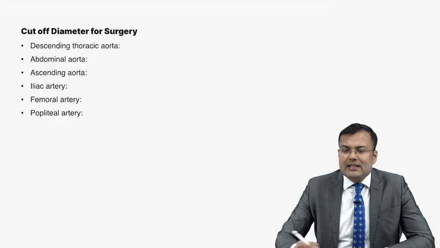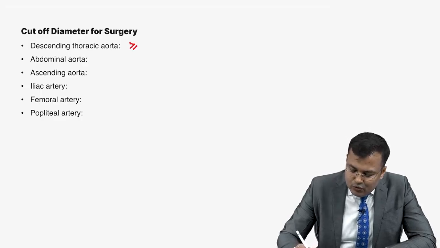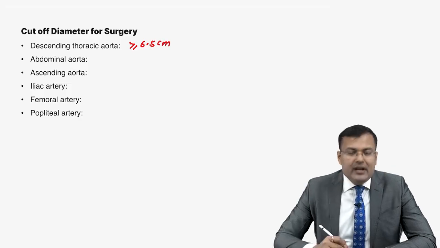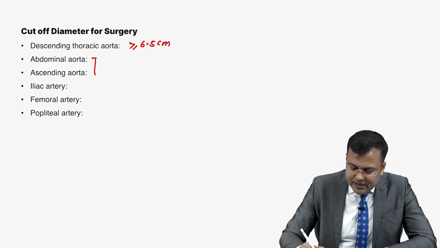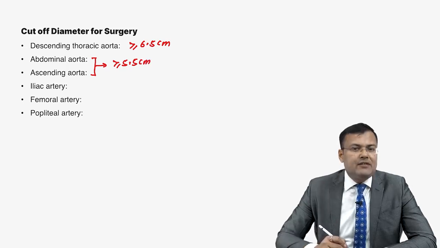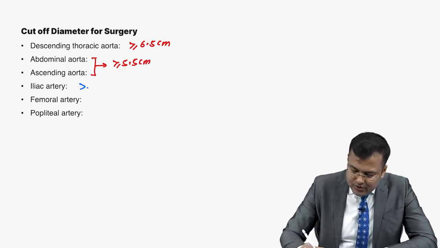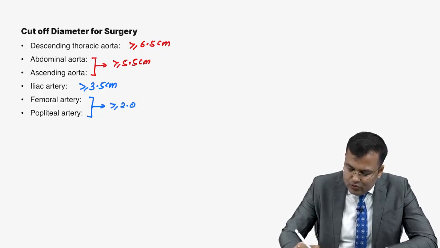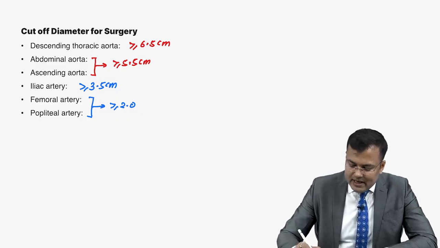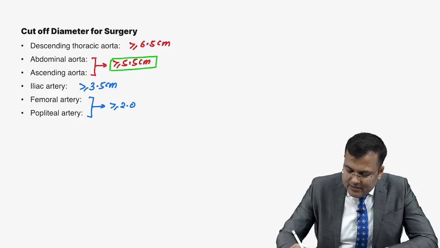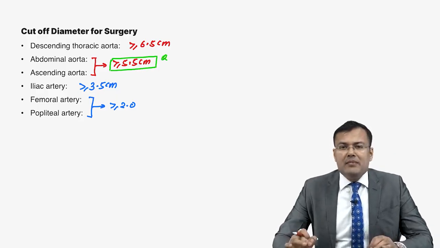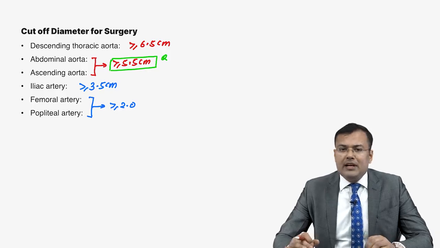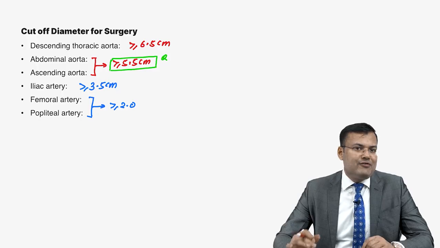For the descending thoracic aorta, the diameter should be more than or equal to 6.5 centimeters. For the abdominal aorta or ascending aorta, more than or equal to 5.5 centimeters. For the iliac artery, more than or equal to 3.5 centimeters. For the femoral artery as well as the popliteal artery, more than or equal to 2 centimeters. The most commonly asked question is the cutoff diameter for surgery in abdominal aortic aneurysm: more than or equal to 5.5 centimeters.